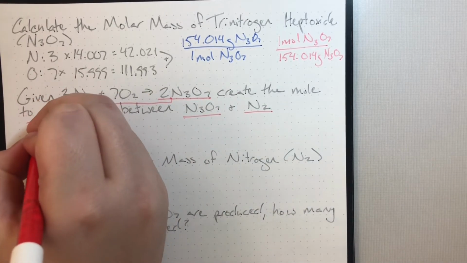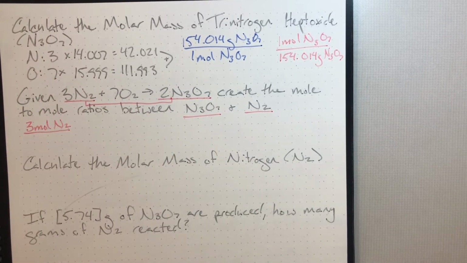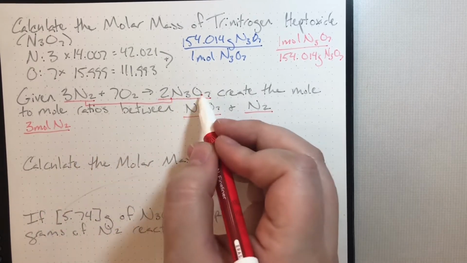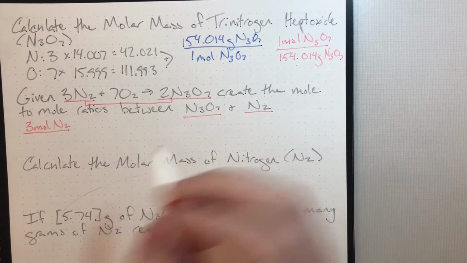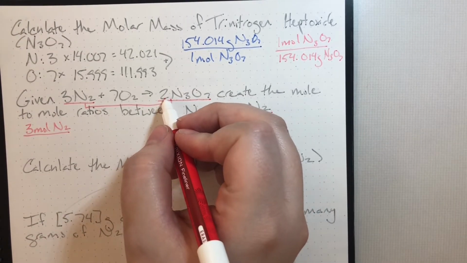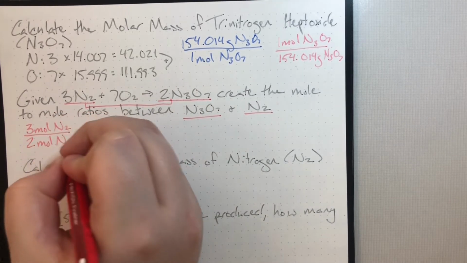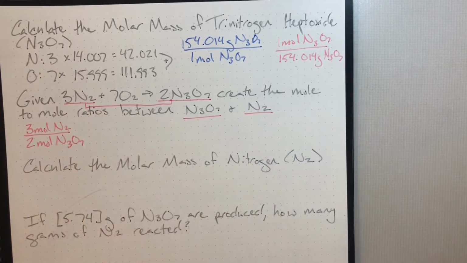I will insert the word mole and then put the formula for nitrogen. Then I will compare it to the other compound, which is going to be the trinitrogen heptoxide. Coefficient in front of trinitrogen heptoxide is 2. I will insert the word mole and then put the formula for trinitrogen heptoxide.